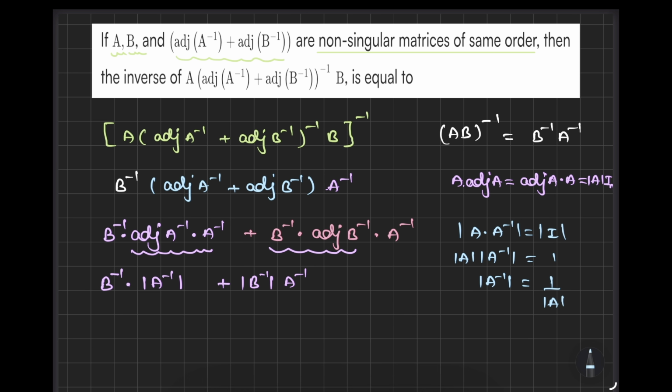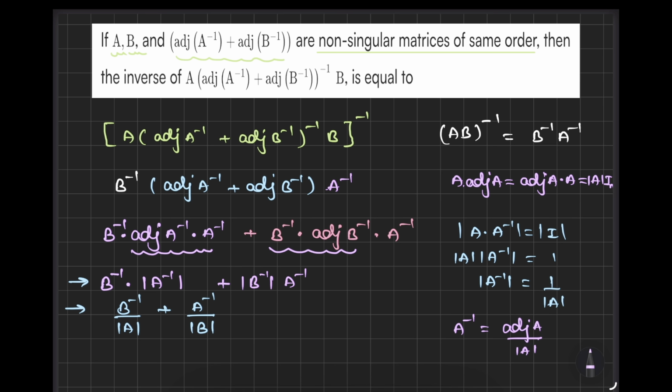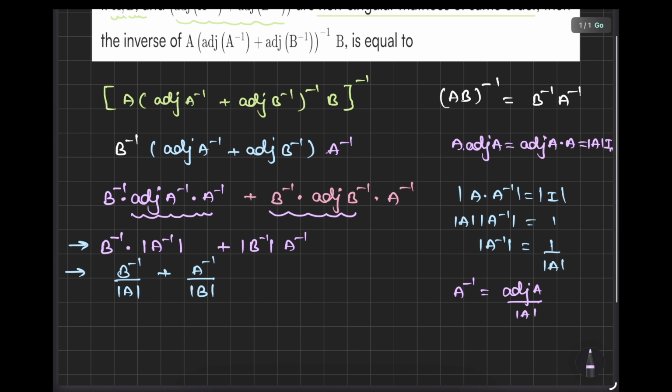Now can I replace determinant of A inverse with B inverse by determinant of A plus A inverse by determinant of B? Correct? Suppose this is also not part of the option. So what we'll do? We know that A inverse is what? Adjoint of A by determinant of A. So can I replace B inverse with adjoint of B by determinant of B?